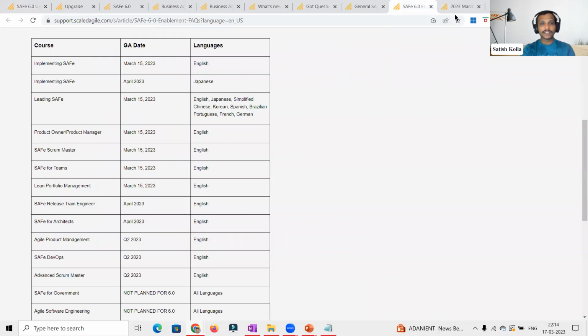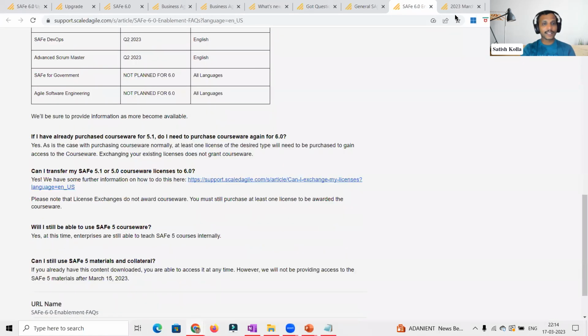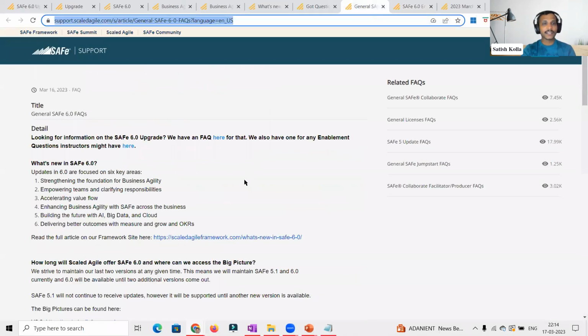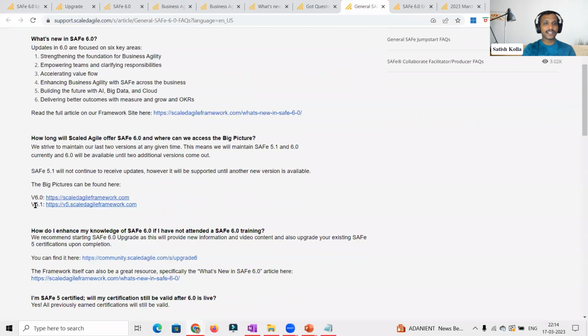I will share that link as well, because we saw that somewhere they mentioned it. Yes, V5.1 is still accessible. It is V5.scaledagileacademy.com. A small change, but the regular one is scaledagileacademy.com.